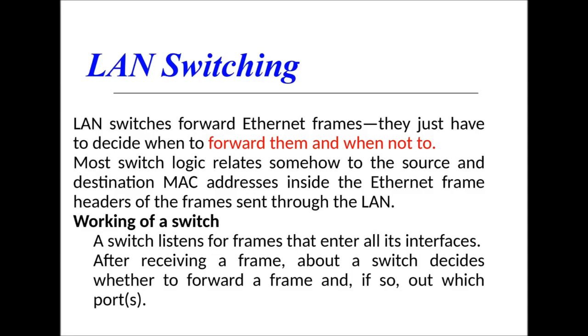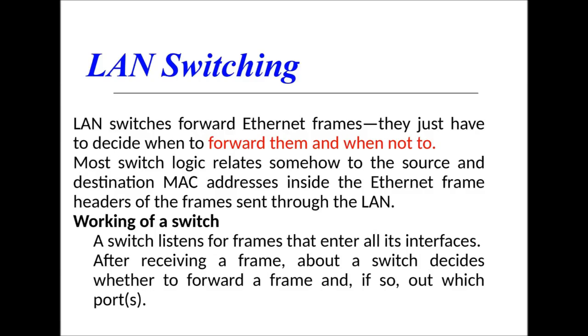Working of a switch: it listens for frames that enter all its interfaces, because every switch and every router contains different interfaces, and the data is received on different interfaces, incoming ports and outgoing ports as well.